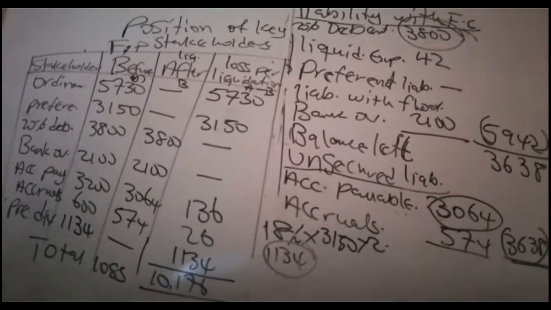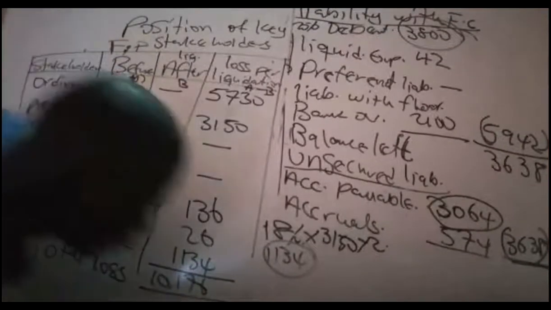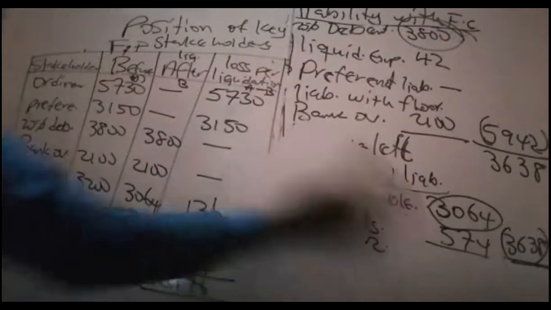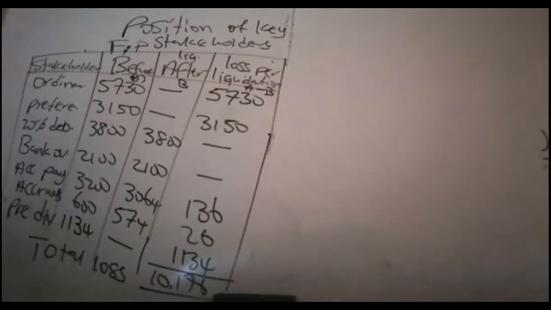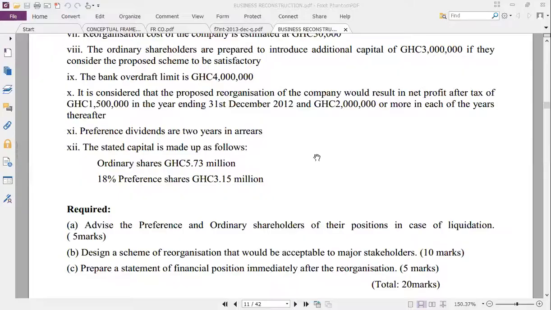Let's see if we have fully answered the question. Let's go to the requirements. Anytime you're solving a question, just be visiting the requirement and see whether you're on track.